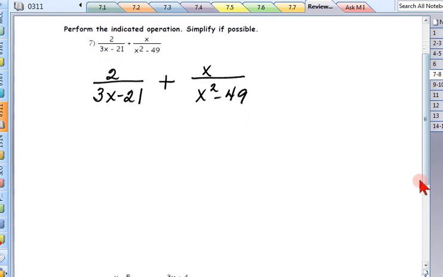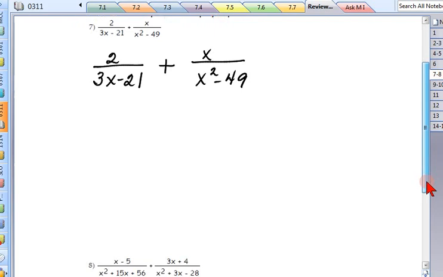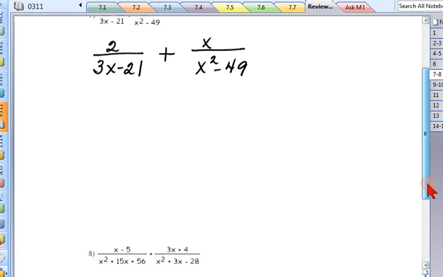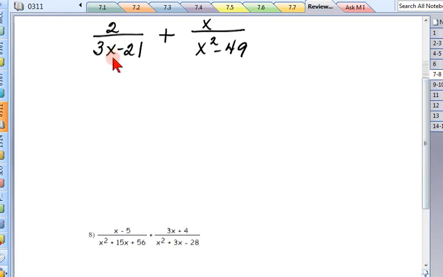If I were to look at the blue sheet about addition or subtraction, the first thing it says is get a least common denominator. How do I do that? Factor each denominator. Take one of every different kind of factor. So, how does 3x minus 21 factor? You have a common factor of 3.